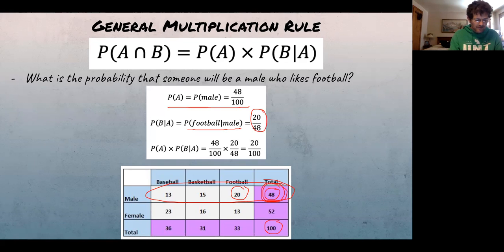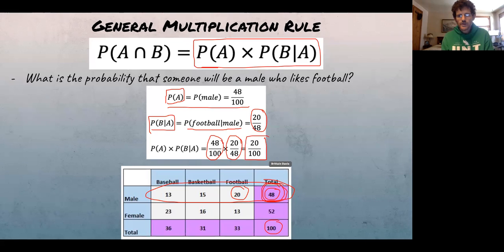So now we get to the last part. This general multiplication rule says I'm going to take the probability of A times the probability of B given A, and we have both of those now. And I can multiply them together. So 48 out of 100 is the probability of being male, times the probability of liking football given that you're a male. And that gives us a probability of A and B. Final answer right here.